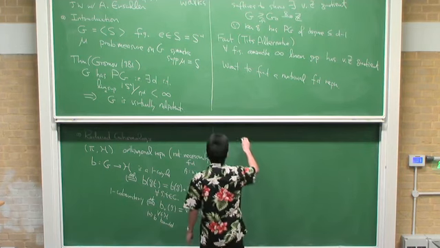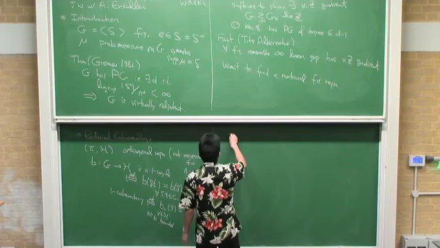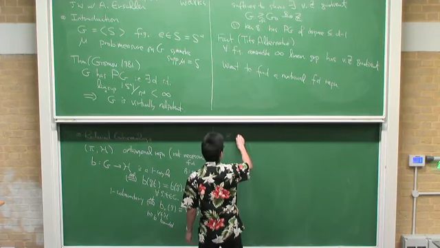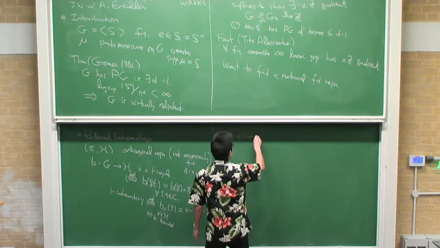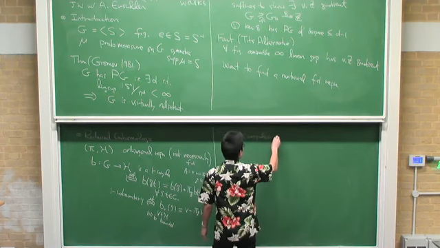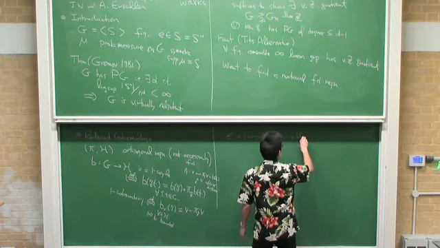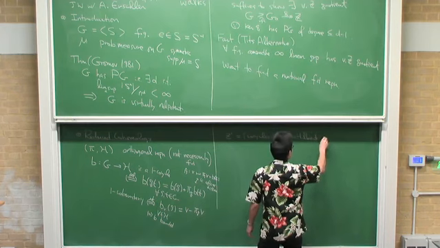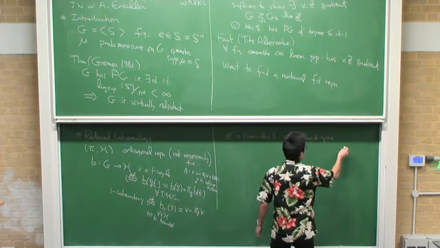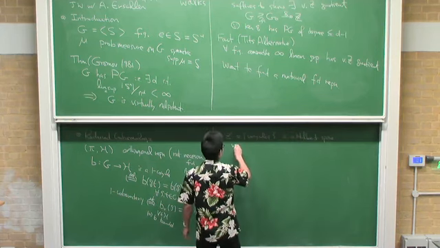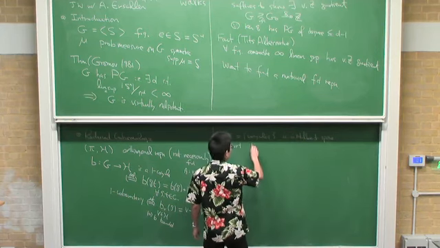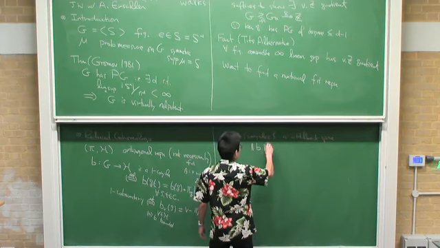And now the space of cocycles is a Hilbert space with respect to an inner product, or norm, I write norm.